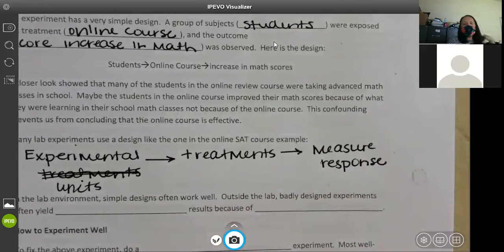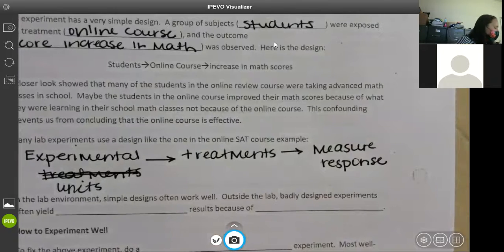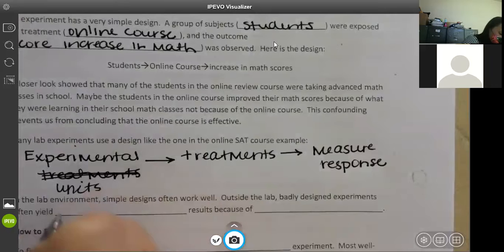I apologize. Experimental units to the treatments that they impose, and then measure their response. In the lab environment, simple designs often work well. Outside of the lab, badly designed experiments often yield worthless results because of confounding.